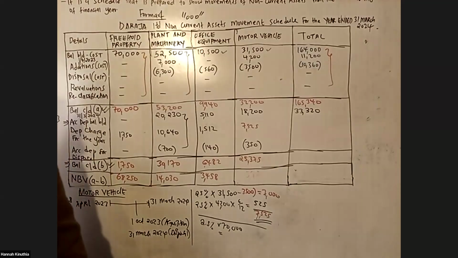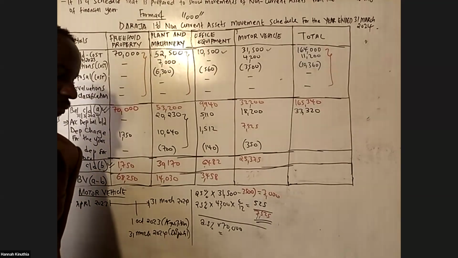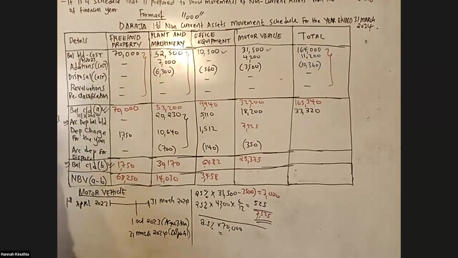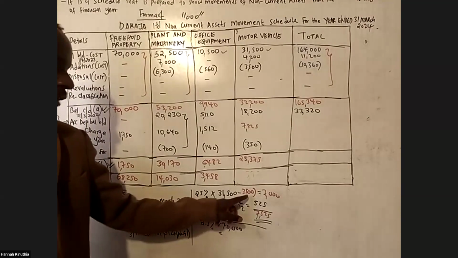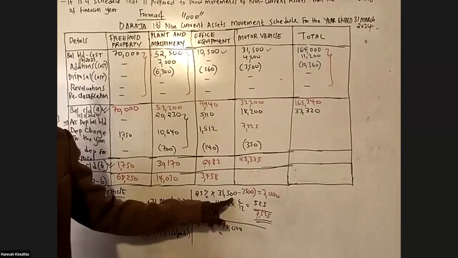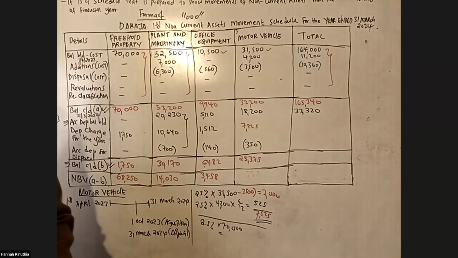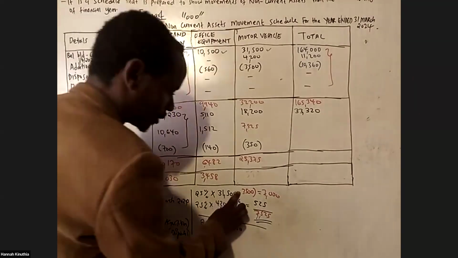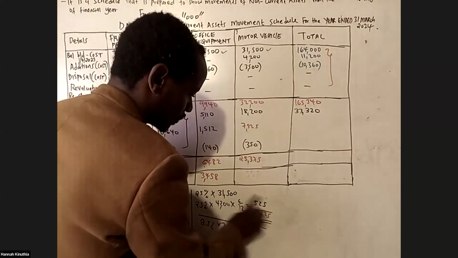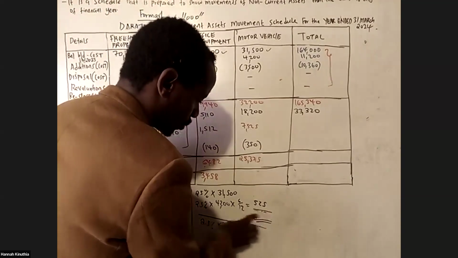I'm not getting why we are deducting that 500 because it was sold at the end of the year, right? So it means the depreciation of the 500 is already here during the whole year. So we're not supposed to. Yes, I think that one is correct. So kindly change now.